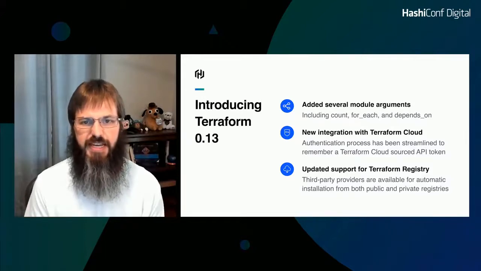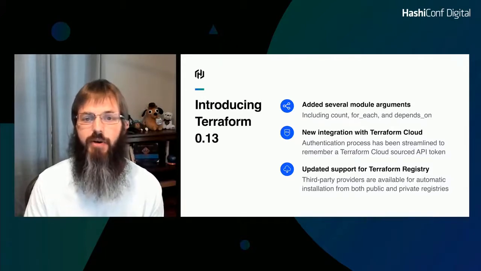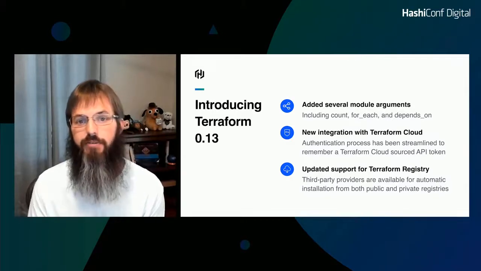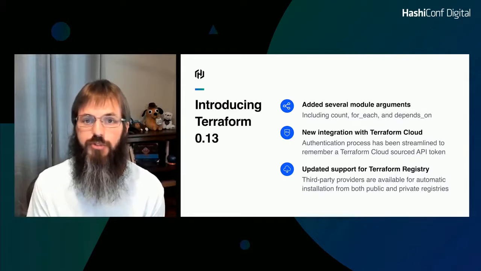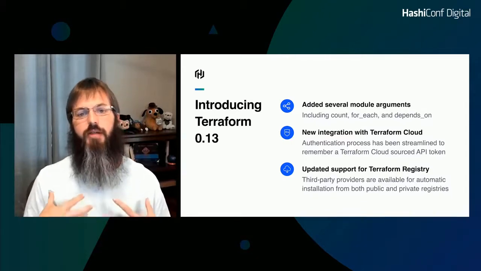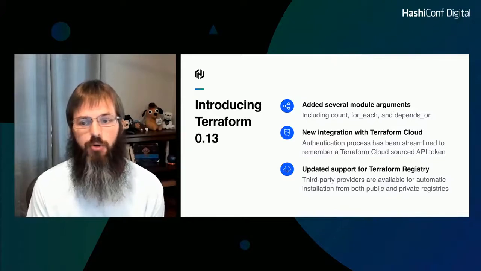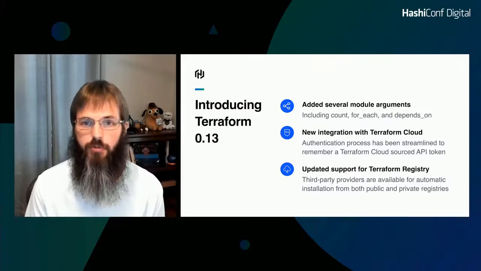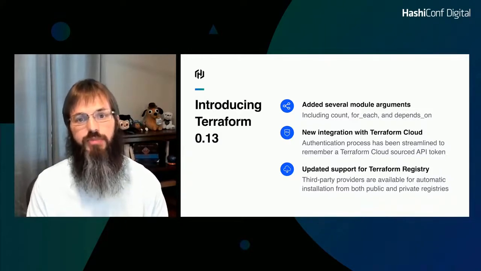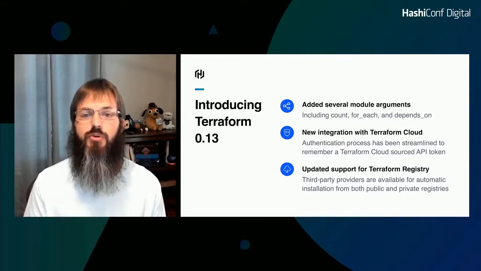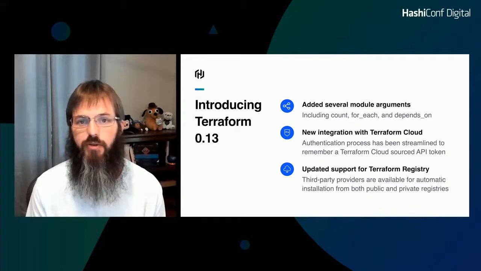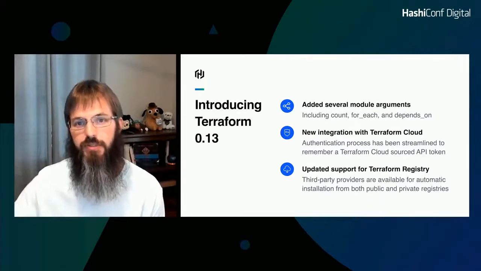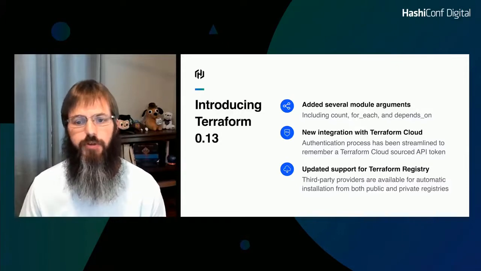This can really add strength around the way that we define our modules, and how we integrate other private repositories and private modules from those repositories to make our infrastructure as code that much more powerful. Then we also have some new integrations into the way that we connect to Terraform Cloud. Terraform 0.13 will allow us to store our authentication token within the CLI, meaning that we don't have to establish that every single time that we create a Terraform configuration.